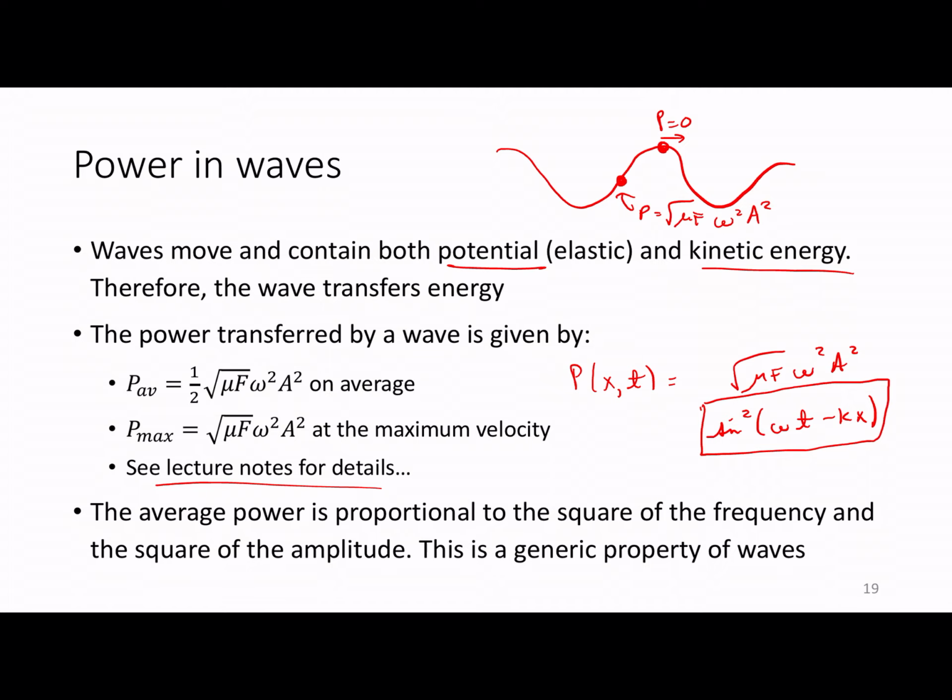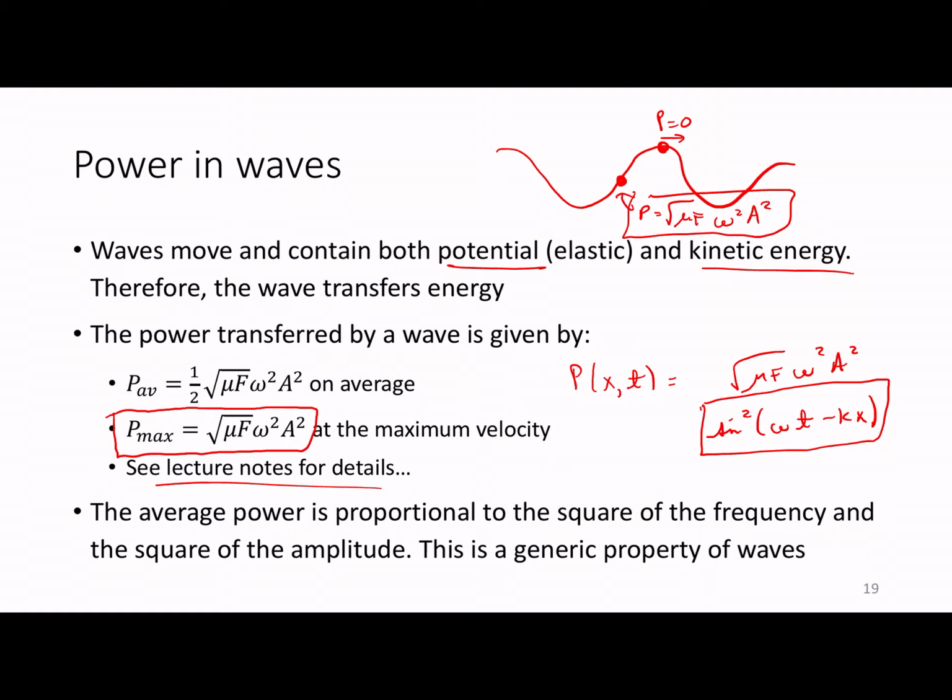So there are two quantities that we want to characterize: the average power and the maximum power. The maximum power is what we just talked about. It's right there where the wave function goes through 0, and maximum power is equal to square root of mu times F times omega squared A squared. The average power is not that complicated.